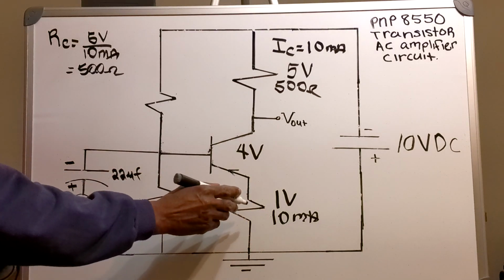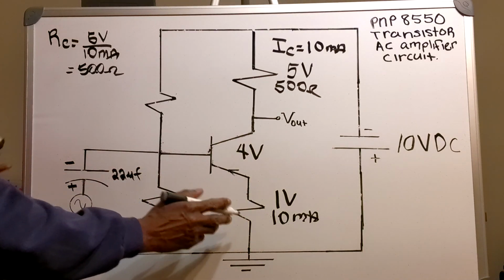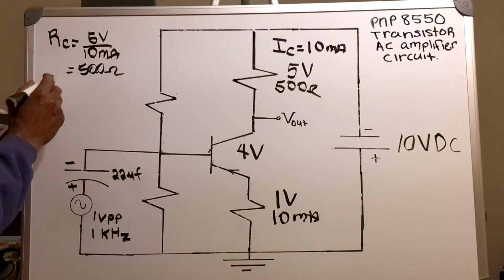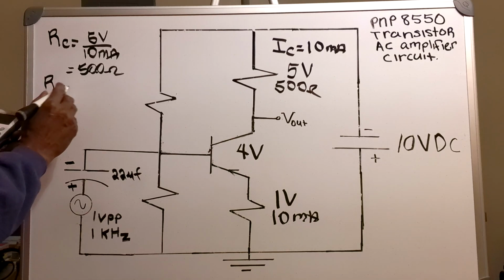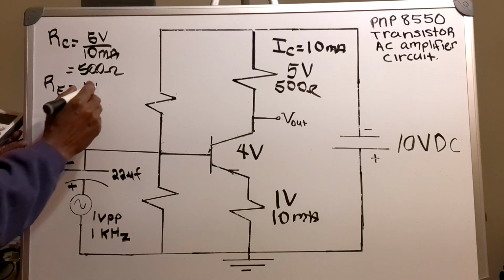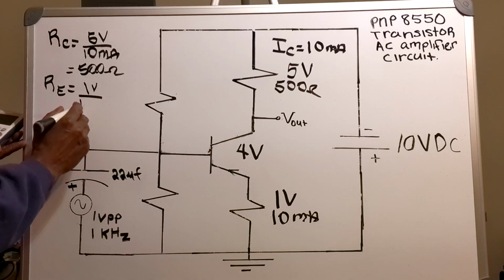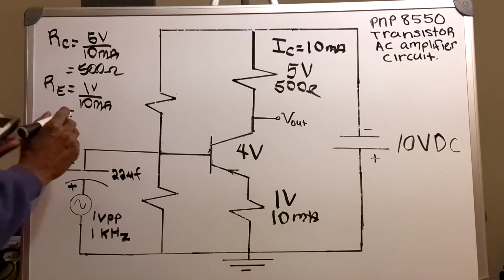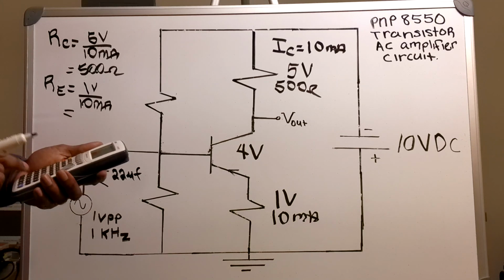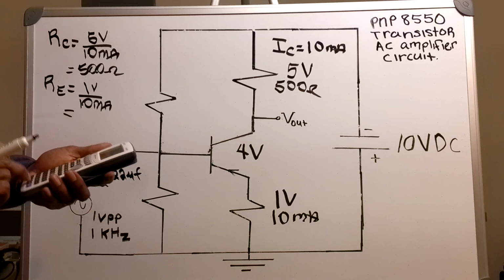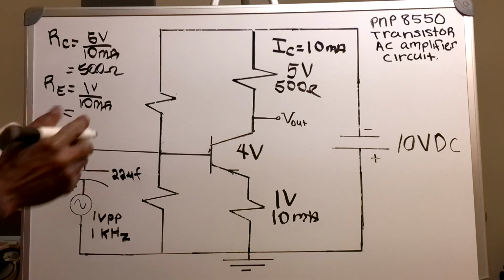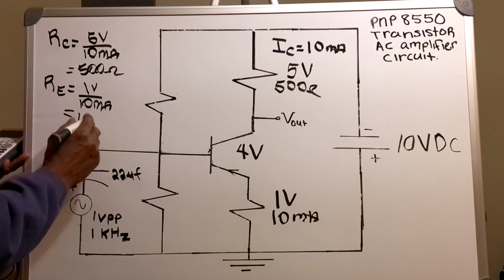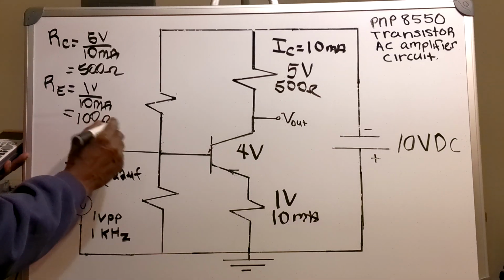And the value of my emitter resistor, RE, equals 1 volt divided by 10 milliamps. That gives me a value of 100 ohms.